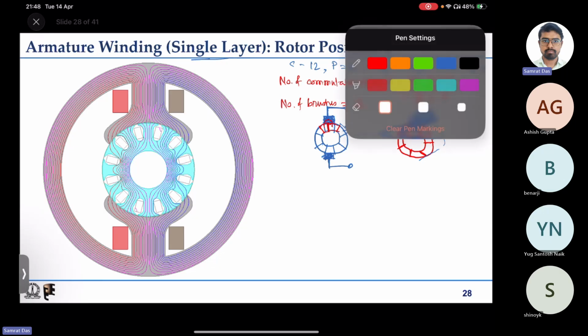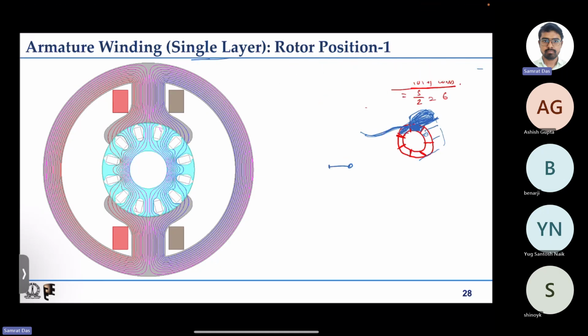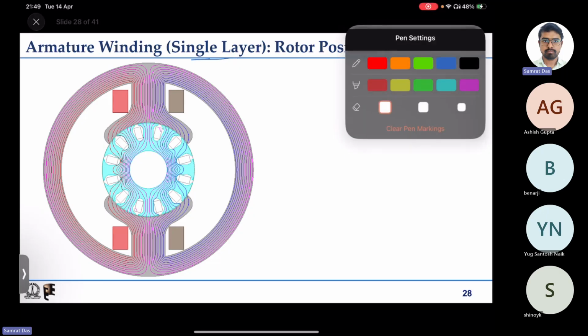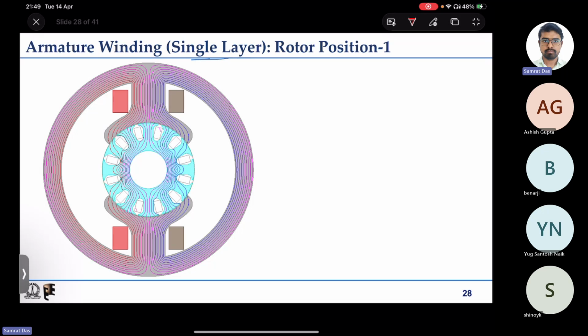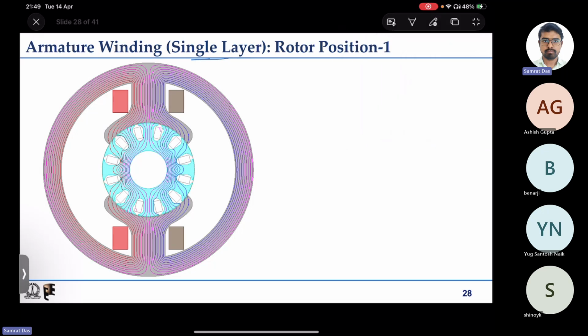Let us start. I'll try to make it rectangular and relate it with the actual circular one. Suppose this is the horizontal one, and I am spreading the circular one as a rectangular one.